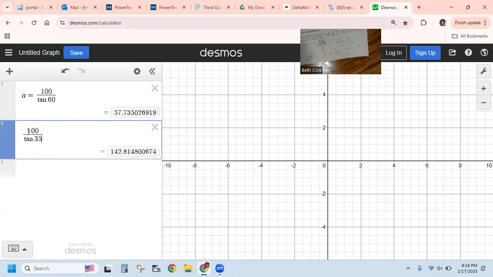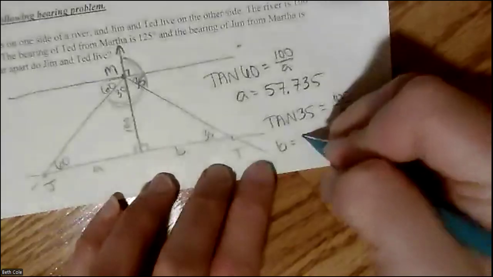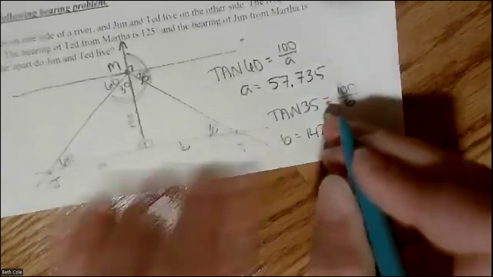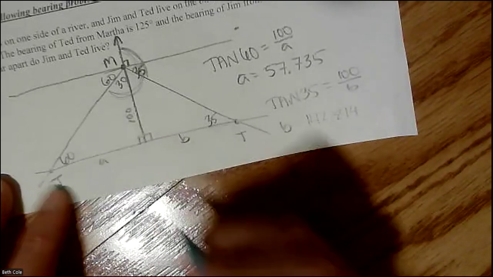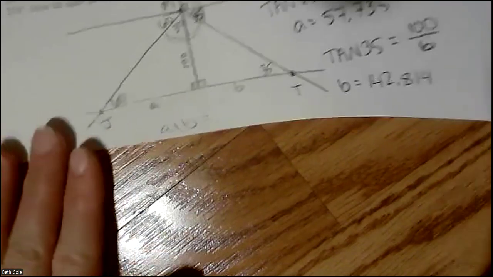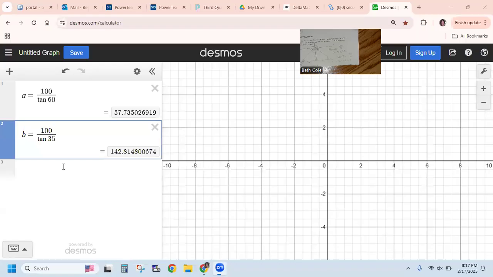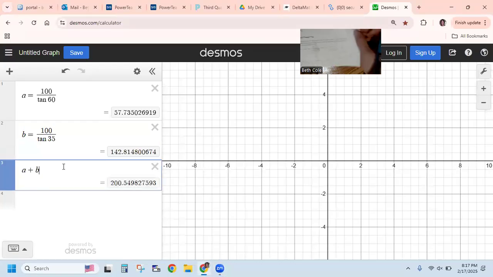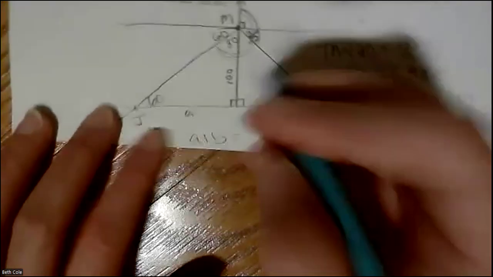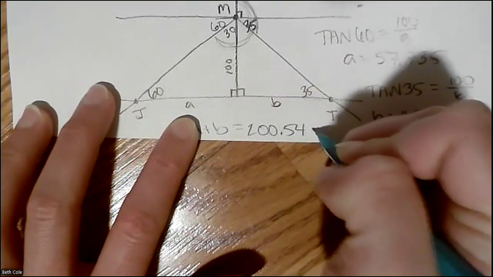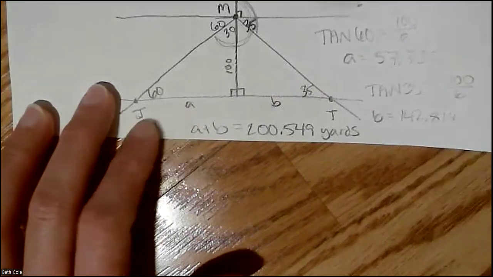So it comes out to 142.814, and I'm going to make that store as B. And to get the total distance between Jim and Ted, we're just going to add those together. So A plus B. So I'm going to go back to my calculator and do A plus B. It'll copy paste them in there for us. So 200.549. And it was yards is our final answer.